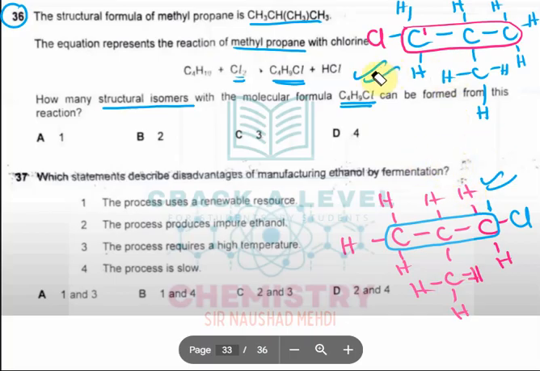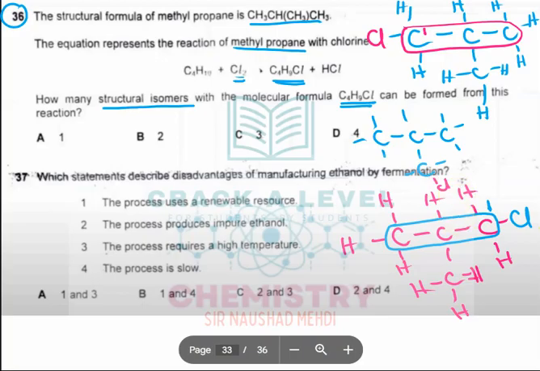Similarly, let's suppose I replace the hydrogen on the carbon at the bottom in the branch. I am drawing it over here: we have this one, 2, 3, and 4. Over here we have the hydrogen, and I am placing the Cl over here.